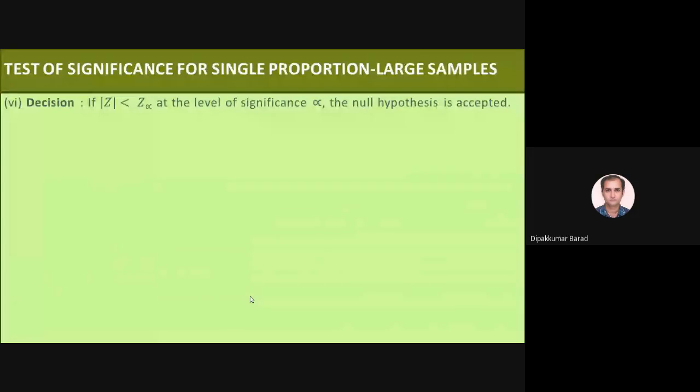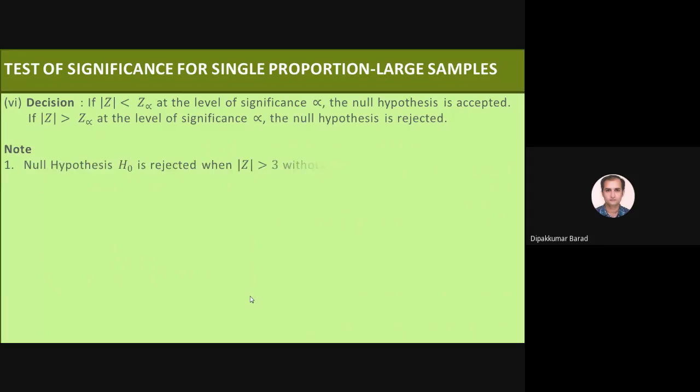If mod Z is less than Z alpha, the null hypothesis is accepted. If mod Z is greater than Z alpha, the null hypothesis is rejected. And if mod Z is greater than 3, the null hypothesis is automatically rejected for any level of significance.